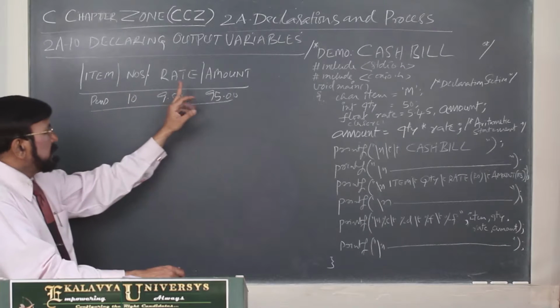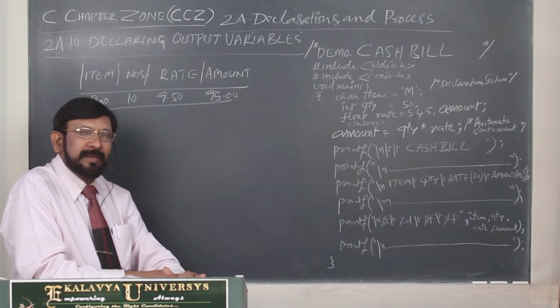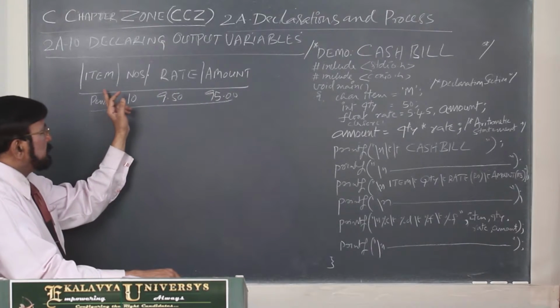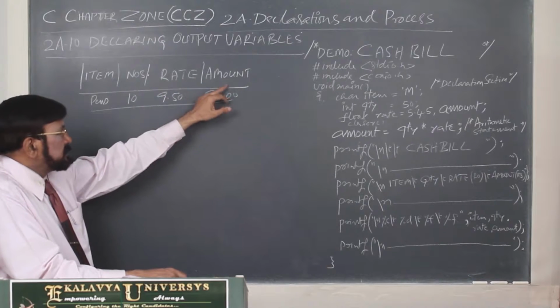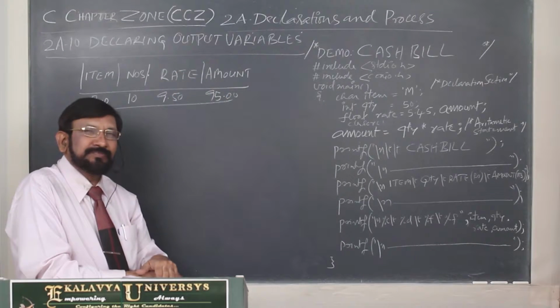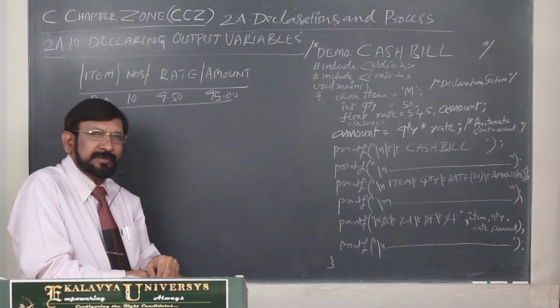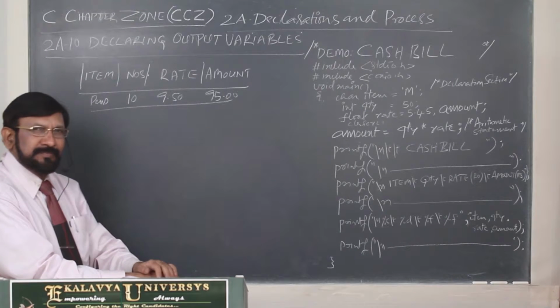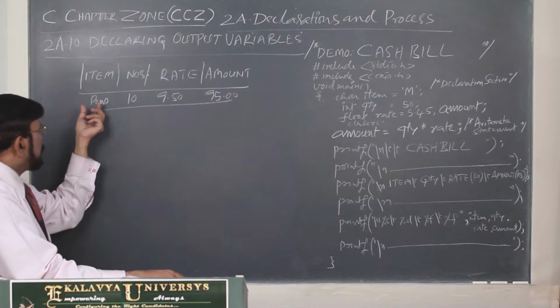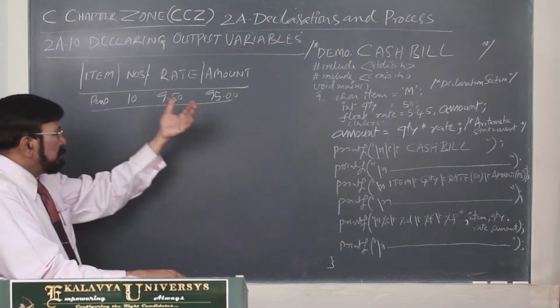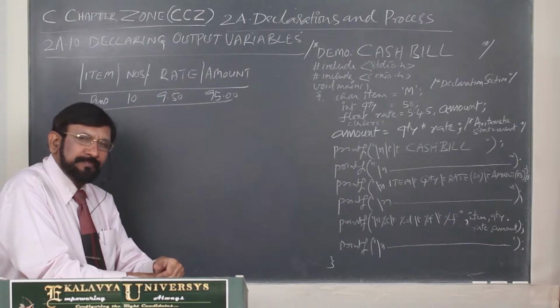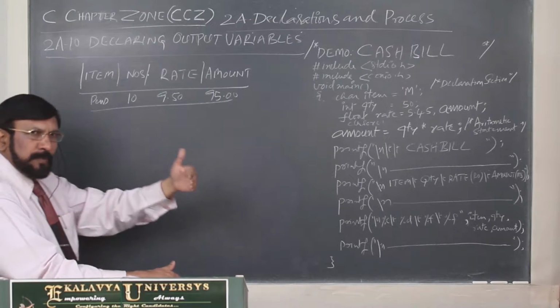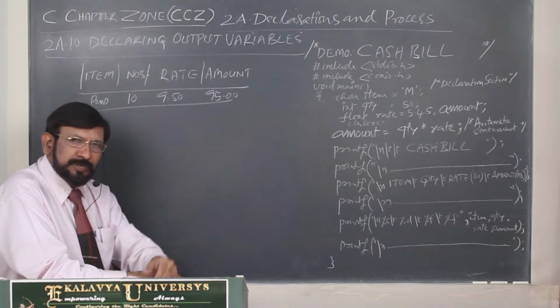So, four data items you have to declare. Actually, if you compare the three data items with this fourth one, it is different. How is it different? When you purchase from a shop, the shopkeeper issues a bill.